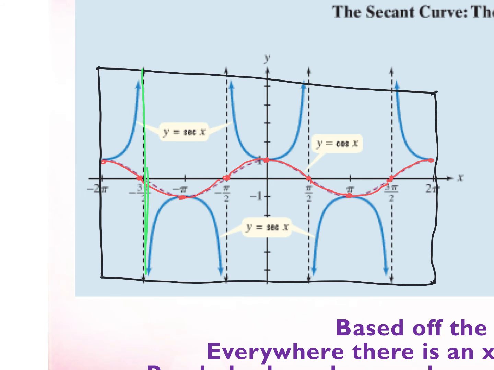I have one at negative 3 pi over 2, one at negative pi over 2, one at pi over 2, and one at 3 pi over 2. Now, at the maximum and the minimum points, I'm going to draw the parabola shapes. Now you're going to see on this one why I need to box it in.